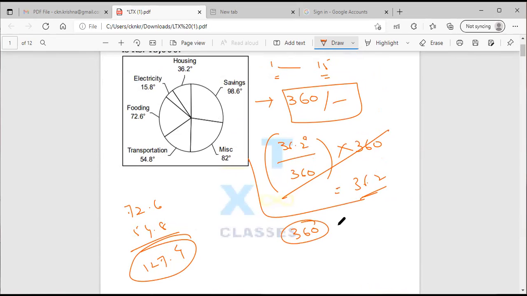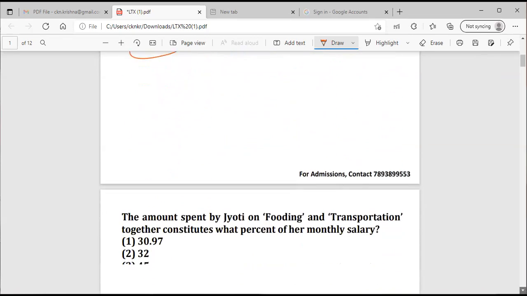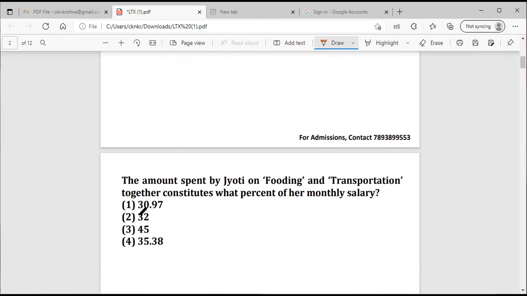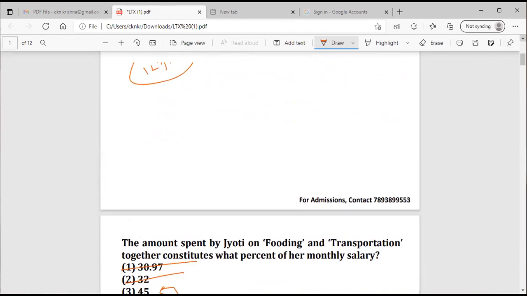Looking at 120 and 360, easily I can guess one third of 360 is 120 rupees. But this number is more than 120. So my answer is close to 33.33, a little better than 33.33. This cannot be my answer. This cannot be my answer. At this point in time, these two look like favorable answers for me, right? Let's go to the next one.